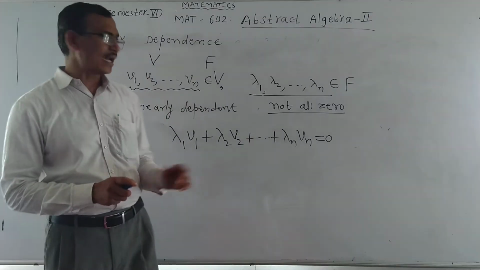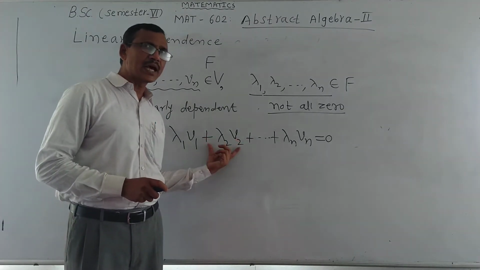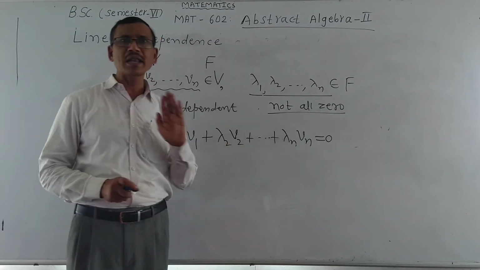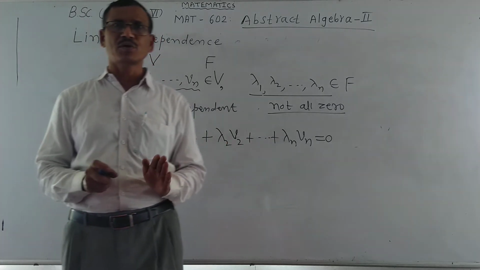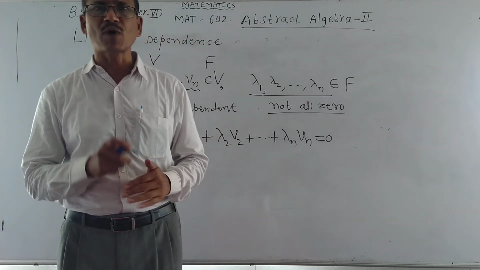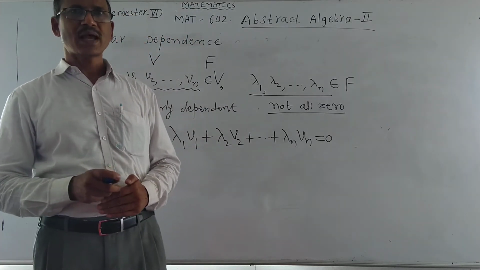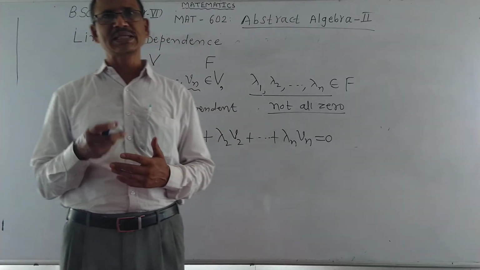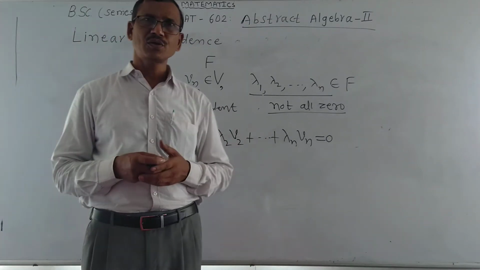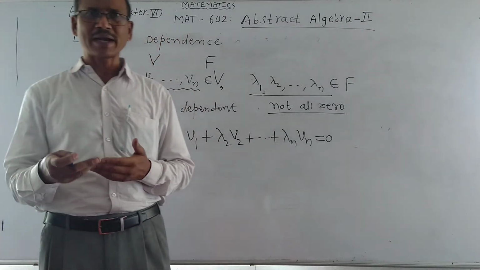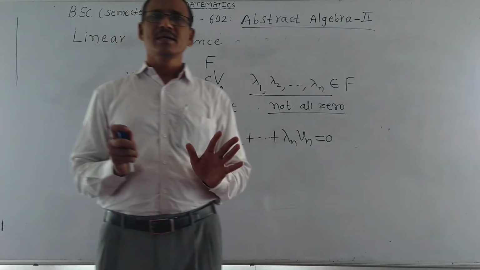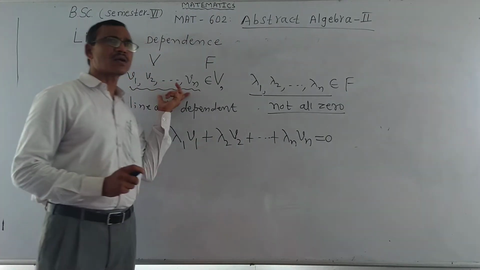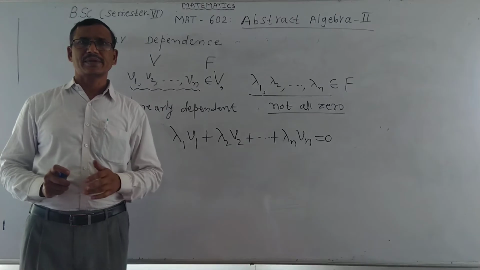When it is called linearly dependent, this linear combination must be equal to 0, but the scalar coefficients all at the same time are not equal to 0. That means at least one of them must be non-zero. Either lambda 1 is non-zero or lambda 2 is non-zero, or any one of these, for example, lambda n is also non-zero. Either 1, 2, 3, whatever it may be, but at least one must be non-zero. Then the vectors are called linearly dependent vectors.